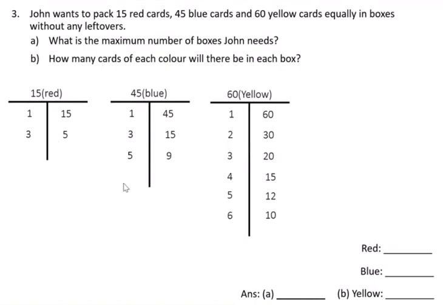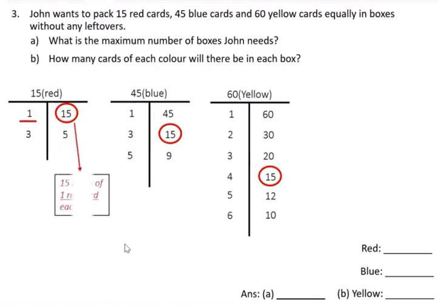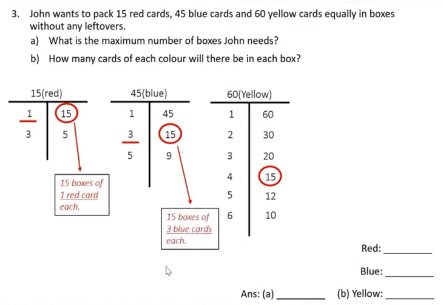So the number of boxes is fixed, which means the highest common factor is referring to the number of boxes. The highest common factor over here is 15. So 15 means 15 boxes with 1 red card inside each. Also 15 boxes, but each box will have 3 blue cards.